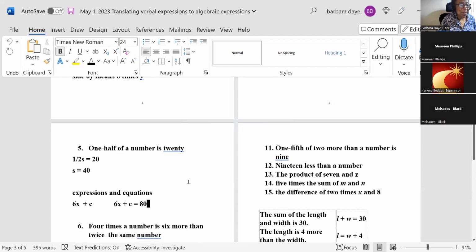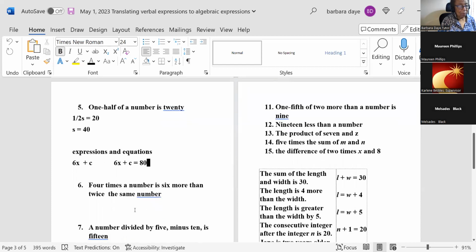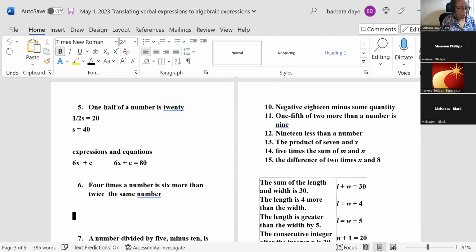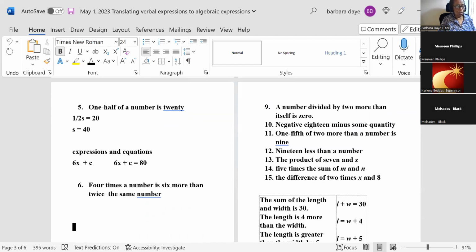Okay, and what we're doing now, we're taking verbal expressions and converting them to algebraic, either expressions or equations. Because once you say "is," then you have an equation. Now, since Maureen has been doing the others, Mercedes, I think you can do this one.